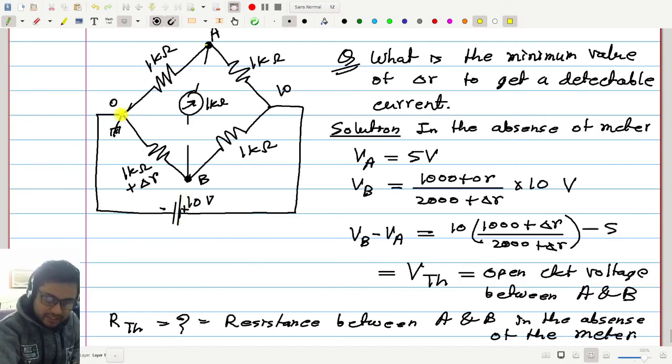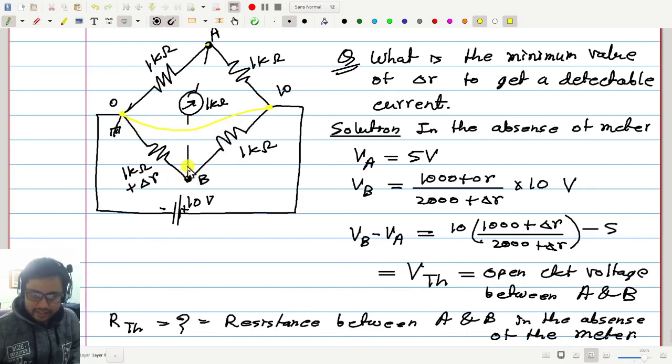So these two terminals are shorted, a short circuit like this, when we are calculating the resistance between A and B. Then from here to here, what do I have? I have these two resistances in parallel, and then this is connected to these two resistances in parallel.